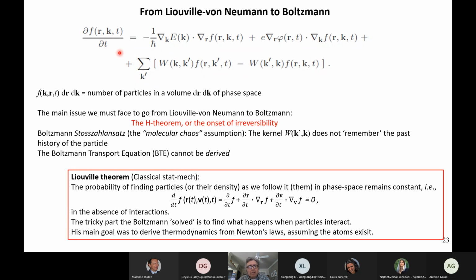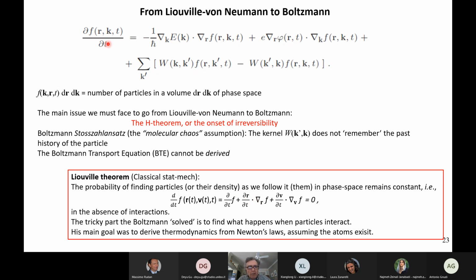So the total derivative of this object is 0. Using the chain rule, you can write the total derivative as the partial derivative of the probability if it has any explicit dependence on time, which we will largely ignore in the future, and then the derivative of the position with respect to time, dotted with the gradient.